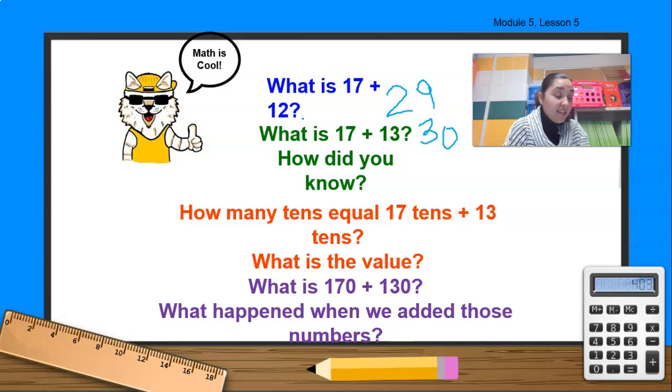Now, this is tricky. How many tens equal 17 tens plus 13 tens? Get ready. Yes, 30 tens. And what's the value of 30 tens, boys and girls?